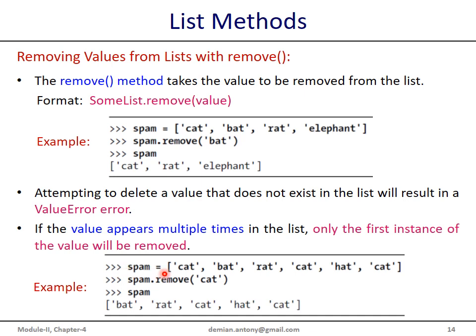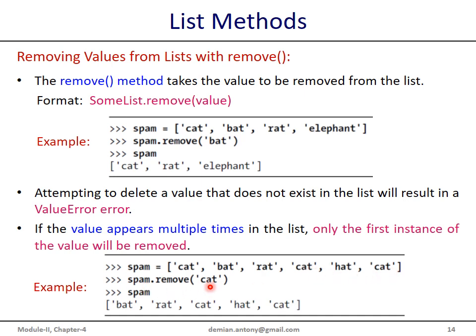Let us consider a spam with these elements, and you can see cat is repeated 3 times, at location 0, location 3 and location 5.